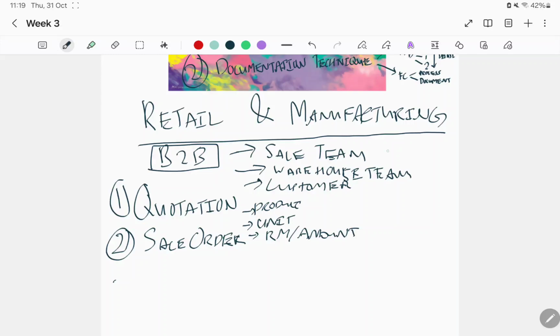And then of course not to forget about the accounts receivable team.